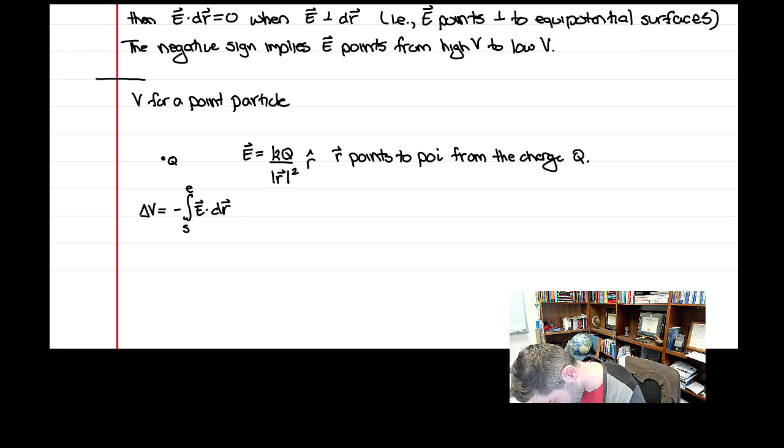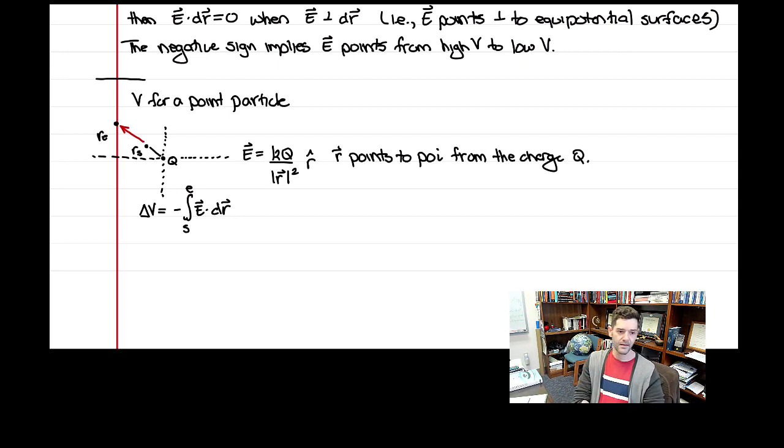So again, if I put Q at the origin, I'm going to start at some point, some distance R s away from the charge Q, and then take a path that just radially moves out or in, it doesn't matter, this is an arbitrary derivation, to some R endpoint. Essentially I'm going to do an integral along that red path.